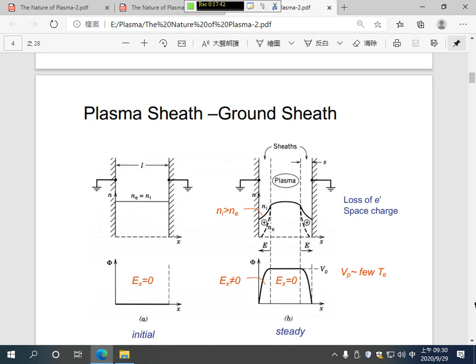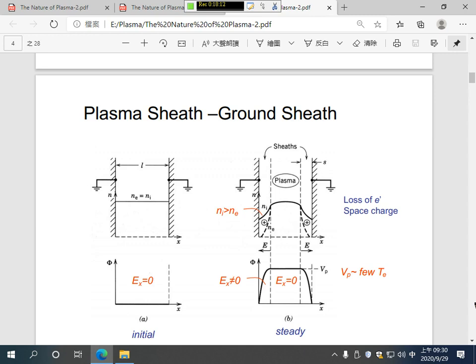So at the beginning, there was a uniform plasma, and then you insert two pieces of metal, and the metal plates are grounded. It means the surface of the metal plate has 0 volt. The potential is 0 volt. This is the beginning condition.